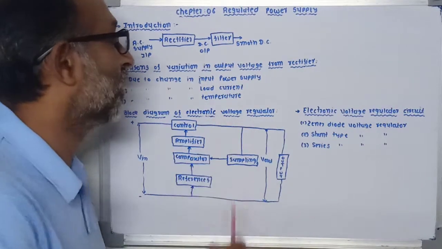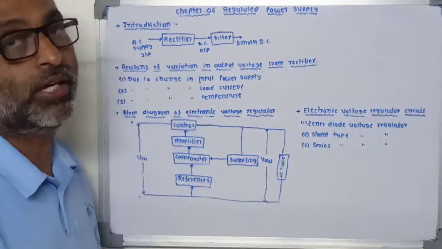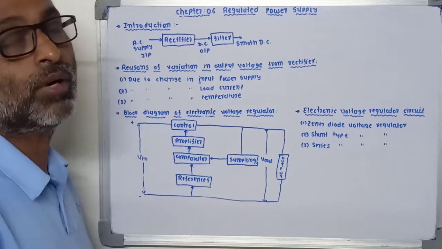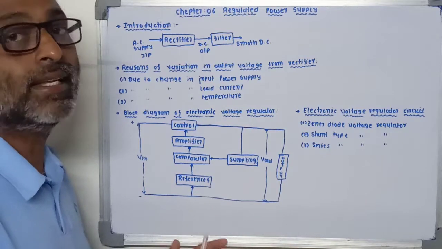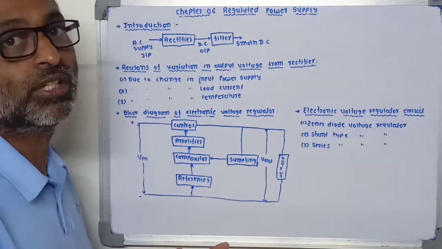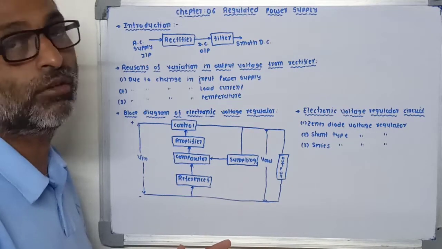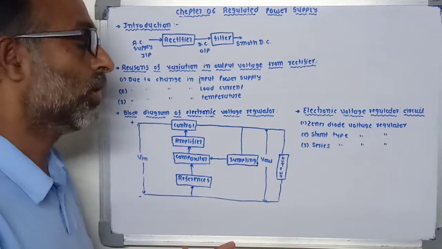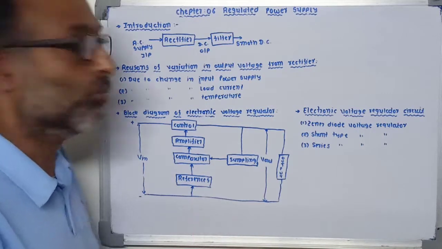Block diagram of electronic voltage regulator. In order to keep output voltage constant, it is necessary to know whether the output signal of the rectifier is equal to our desired output voltage, or less or more.